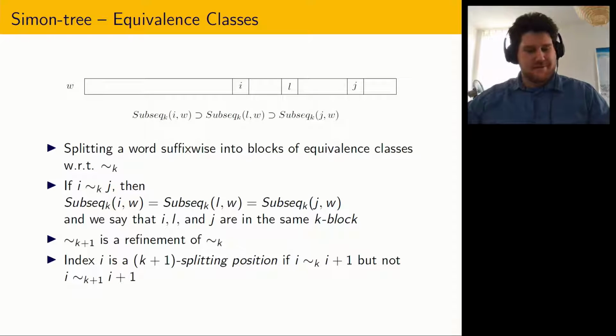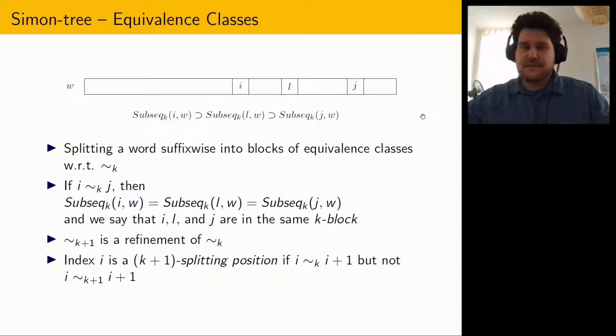Okay, thank you, Mia. We will have a closer look now at the equivalence classes inside each word. That is, first of all, we compare two positions, i and j, with i smaller than j. And we will have a look at the sets of subsequences corresponding to i and j.